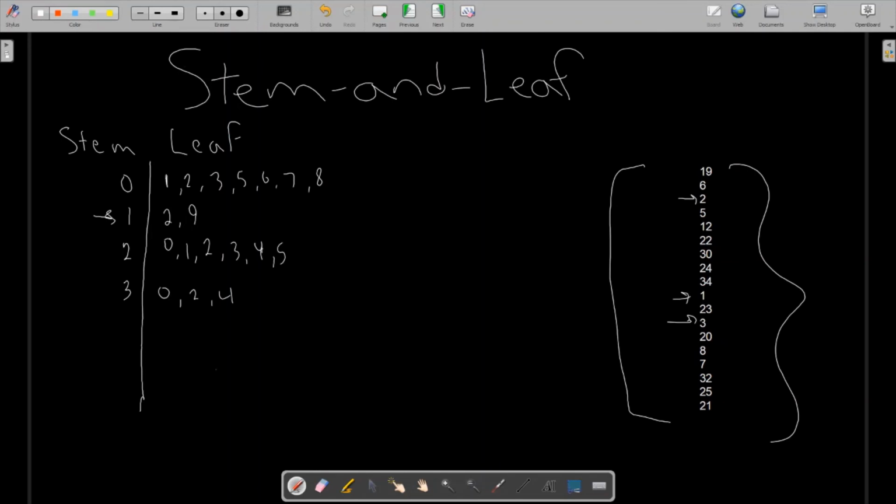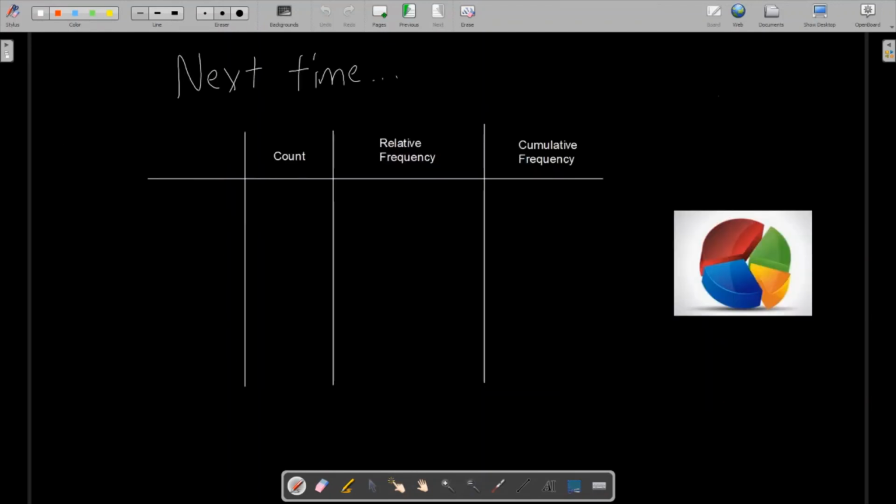And what you'll see later is we can actually use this stem and leaf plot to determine the distribution of what the data values actually look like overall. That will be in a later video. And so that's about it for this video, but not all for visualization.